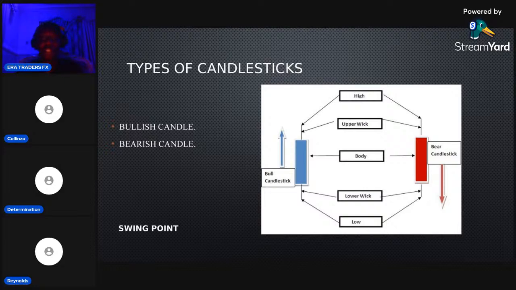Let me use layman's terms to explain this. You go to your shop, for example, and you get goods for 50,000 naira. When you open the shop, you're selling these goods for 50,000 naira. That's the open price. I want you to get this.